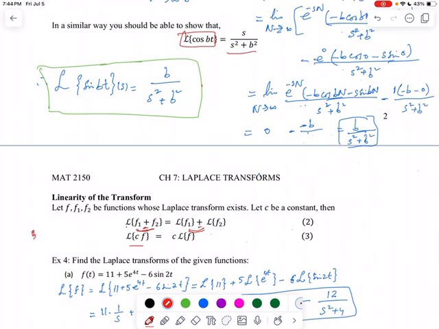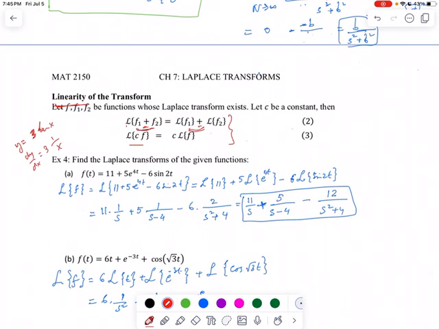If you have 3 times, I think I will take ln of x, and you want to differentiate this, you just keep the 3 as it is and then differentiate the function. So same thing here. Together these two properties we call the linearity property.